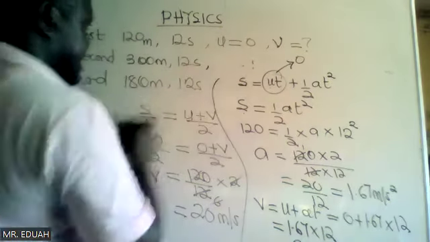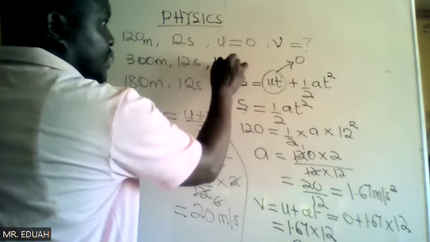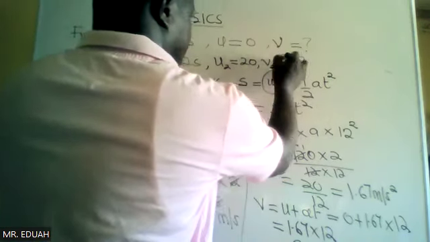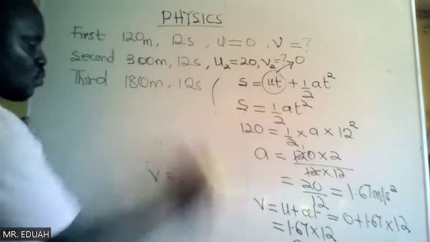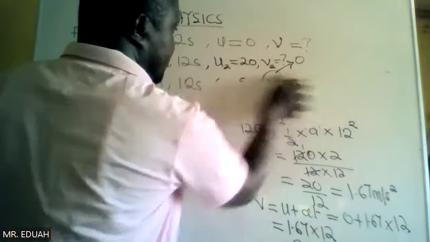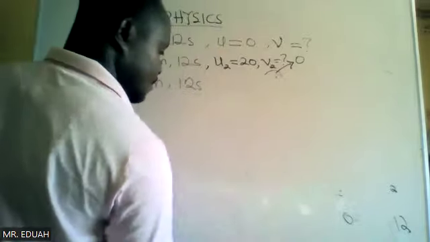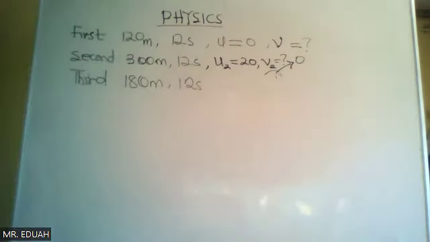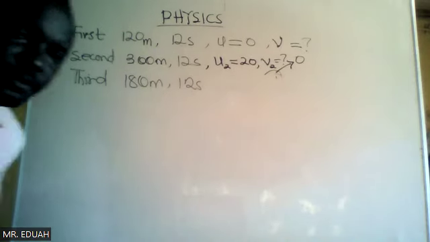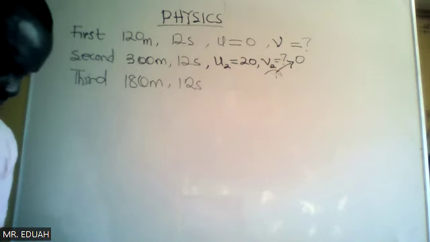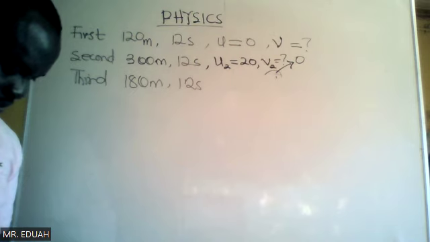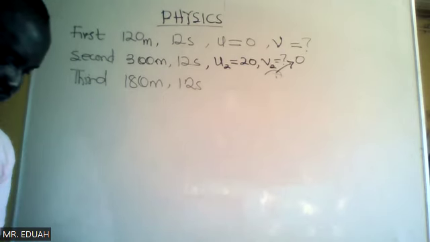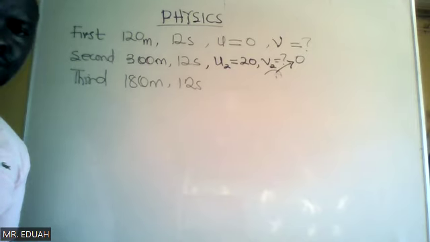Okay, so it means that U2 is equal to 20. What about V2? Are we true?